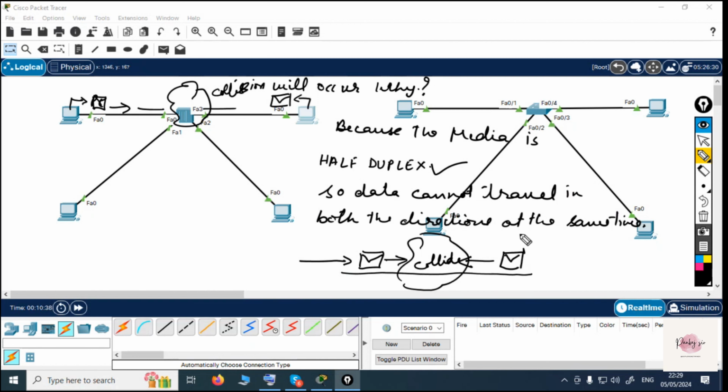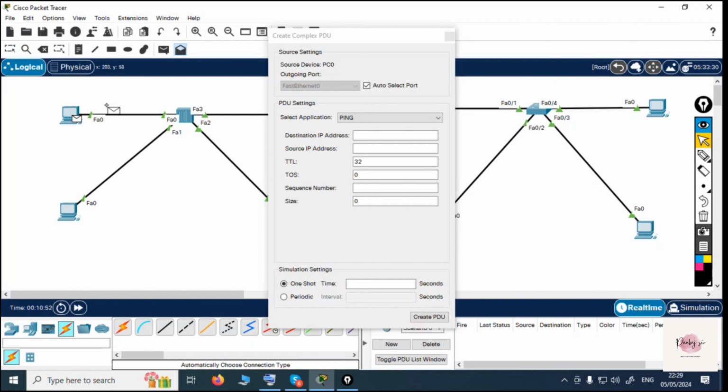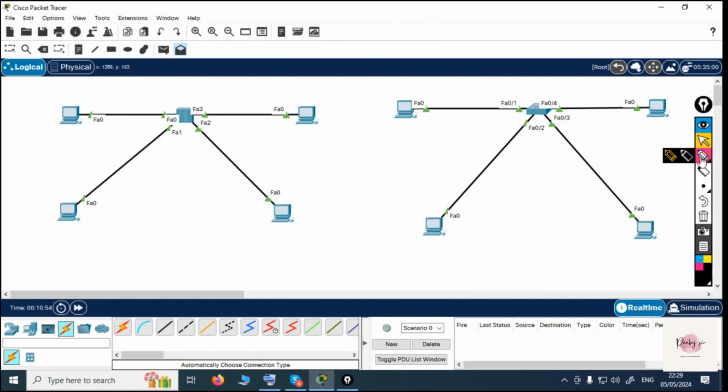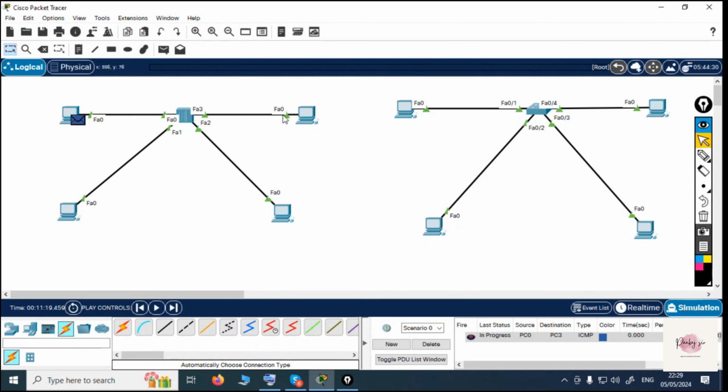So let's see this point. Sitting from the first PC, I'll send the data to the last PC. Got it? Let me switch on the simulation mode, and we'll observe many other things too.